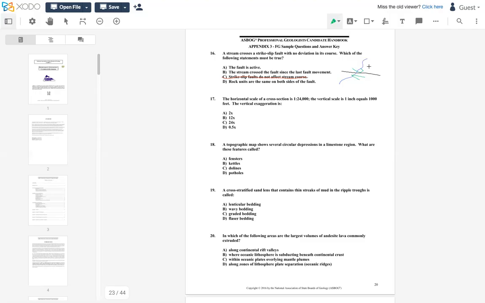You'll see a shift in the stream course, but that's assuming that the stream was already there before the movement occurred. So what we can deduce from that is if there's no deviation in the course of the stream, then we know that the stream had to have happened after the movement at the strike-slip fault. It doesn't tell us anything about the activity of the fault.